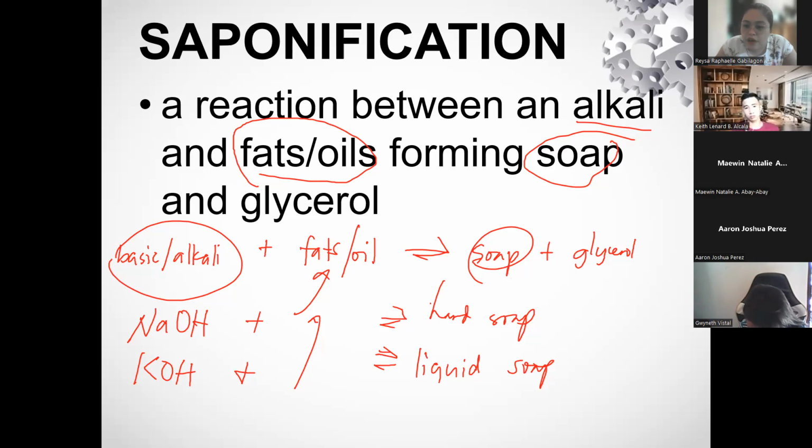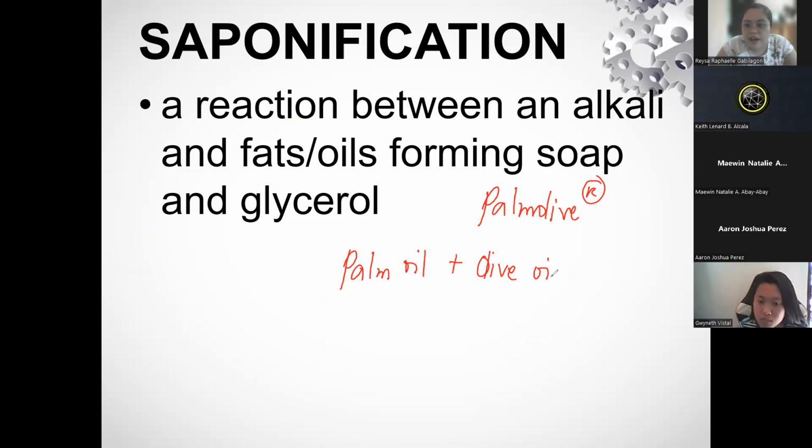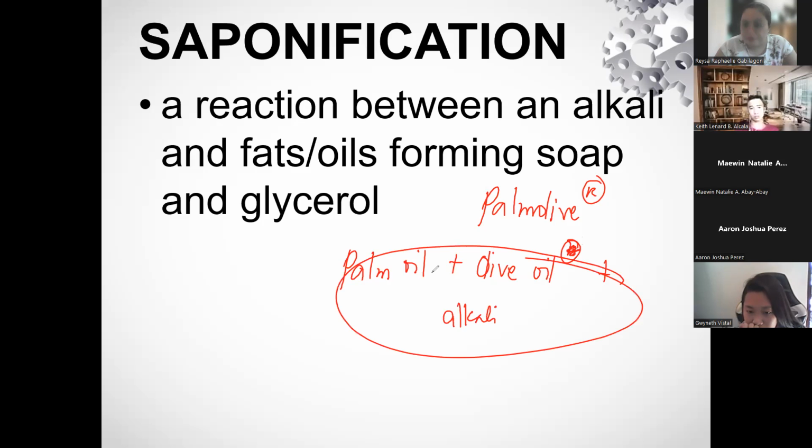Kagaya ng Palmolive. Palmolive is a brand name, but that is actually a combination of palm oil and olive oil. Kaya nga siya tinawag na Palmolive. Okay? Ayan, palm oil plus olive oil, tapos dinagdagan ng alkali substance, kaya nabuo yung soap nila.